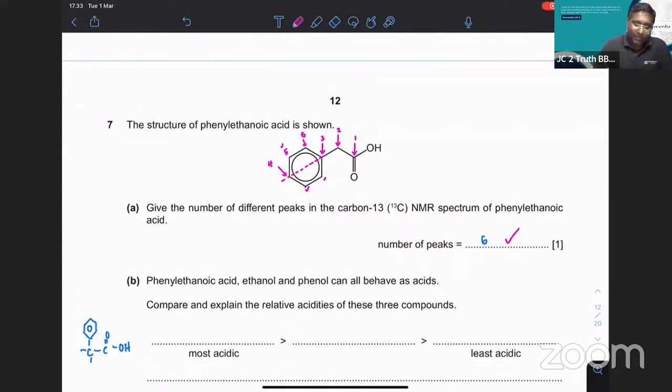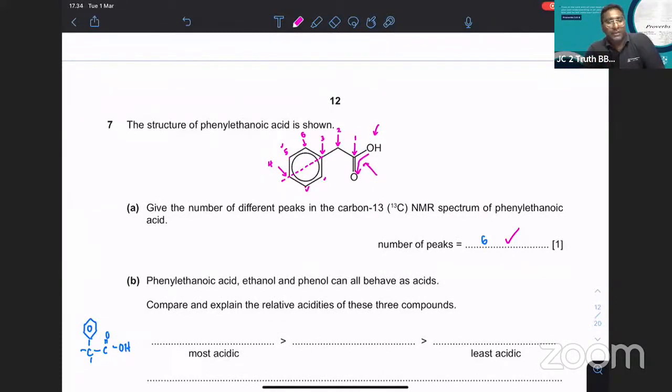Why? Because of the presence of the O, the bond, this O is going to withdraw the electron, and then they are going to have this negative inductive effect where they are going to form a stable ion over there. So the bond between O and H is weaker, so H plus is easily given out.